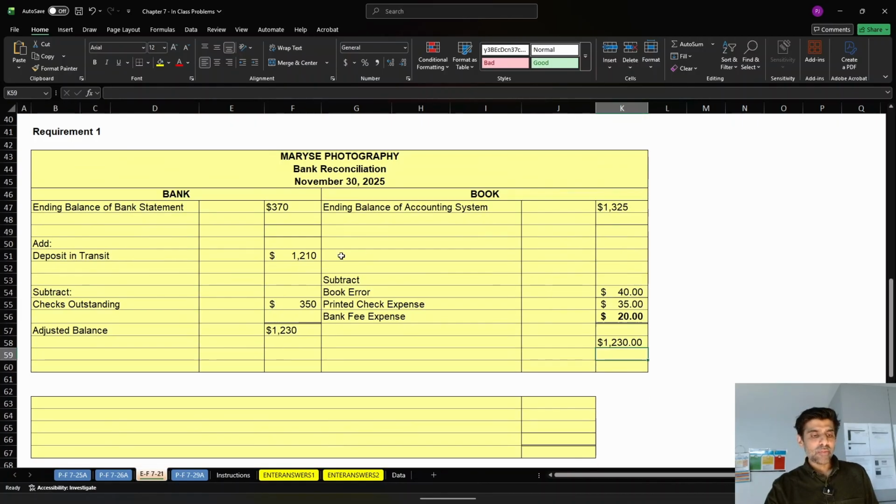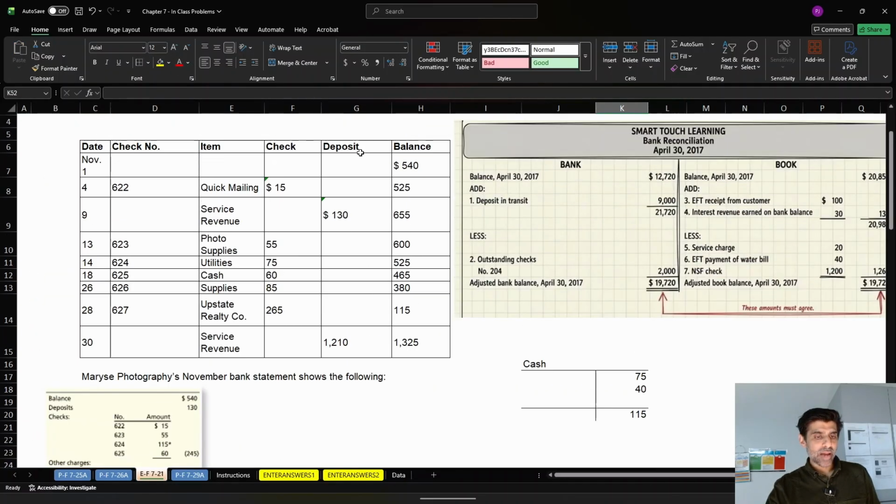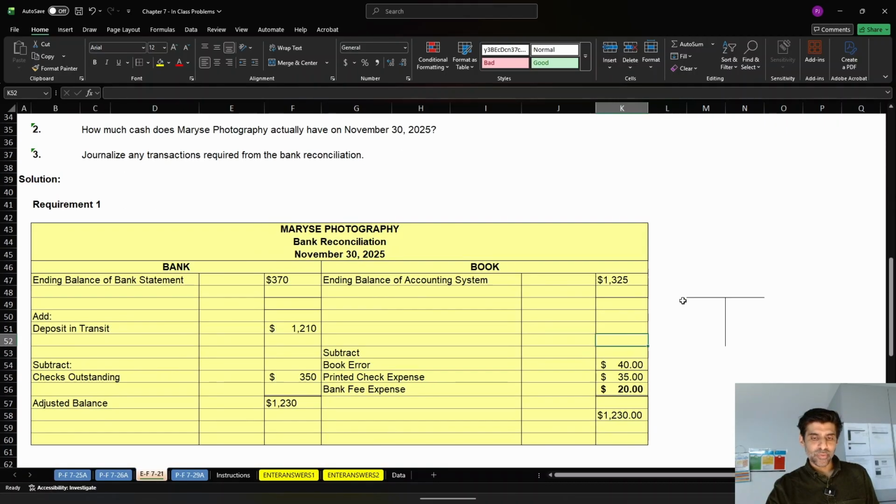Okay, so now everything here, as I stated, these three things need to have journal entries because really this is the balance in my T account. Okay, so if I looked at my T account for cash, you can see everything here. It was 540.